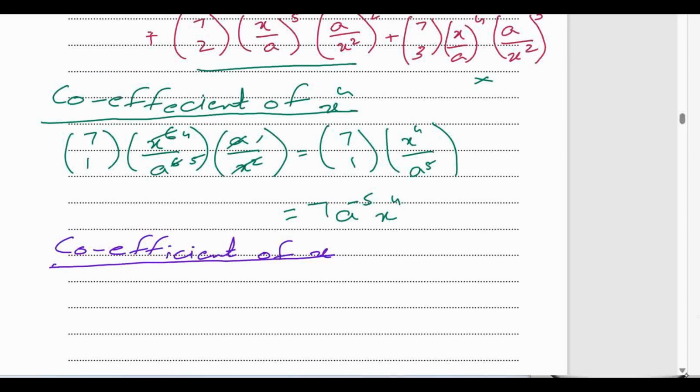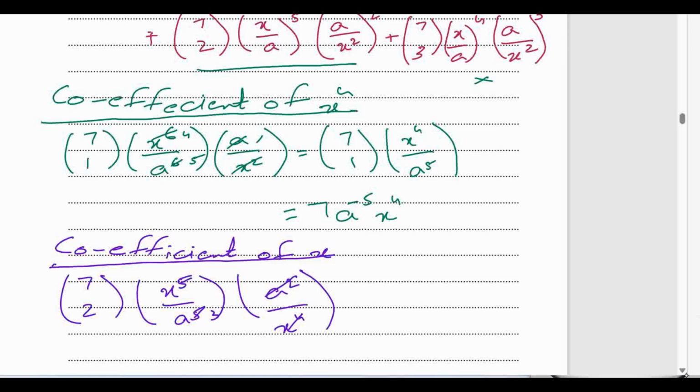For the coefficient of x we will use this one. So this will be 7C2 x^5 divided by a^5 and a squared divided by x^4. We can clearly see that we can cancel out these, then x^4 with x^5, so this will become x. So here this will be 7C2 x divided by a^3.